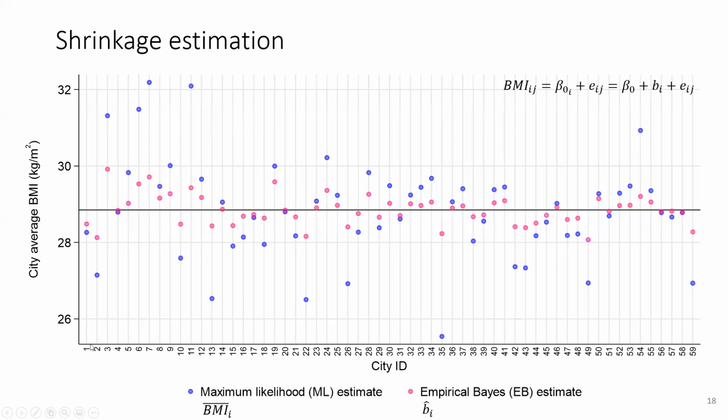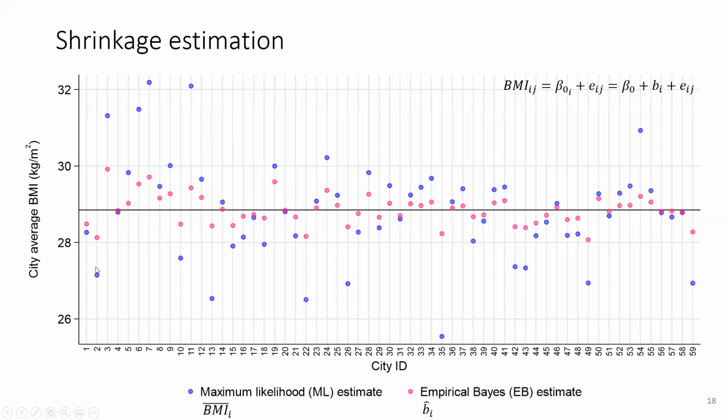And well, let's look at city one. This is an actual mean, and this empirical Bayes estimate is somehow different from this mean, but this mean shifted towards the overall mean.